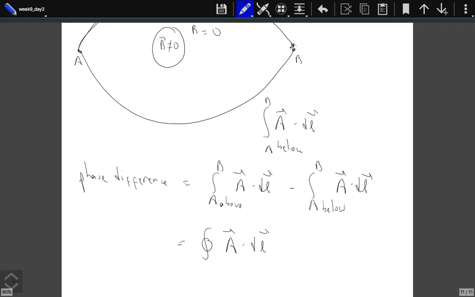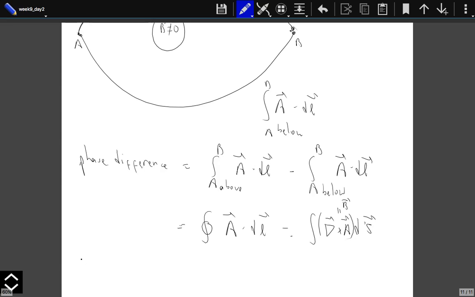But any loop integral I can write as an area integral of the curl of that vector field by Stokes' theorem. Well, the curl of A is nothing but my magnetic field, which tells me that the phase difference is equal to the integral of B dot dS, which is the total magnetic flux.